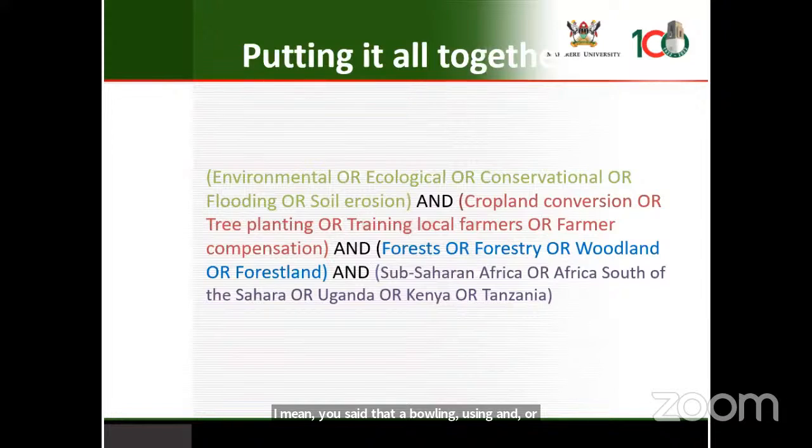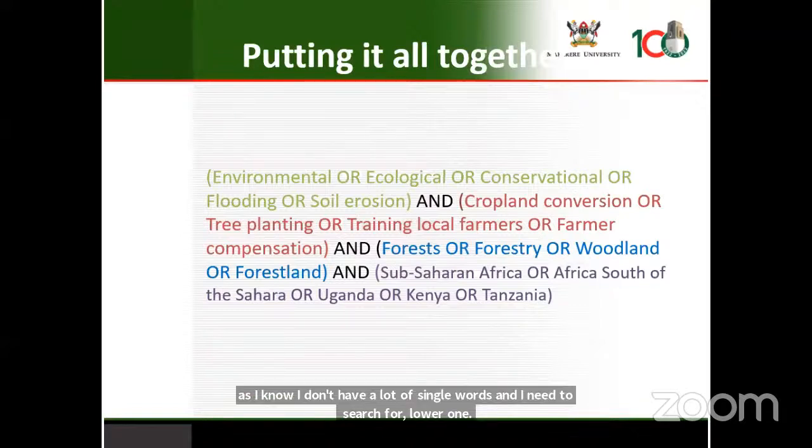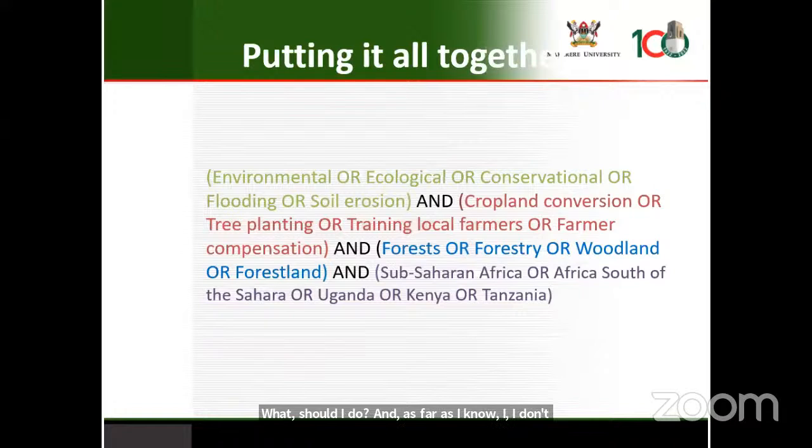And my question is, if I have a single word and I need to search for the plural one, what should I do? And as far as I know, I don't have a lot of knowledge about it, but there is use for brackets, as you said, exclamation mark, question mark, and other functions.